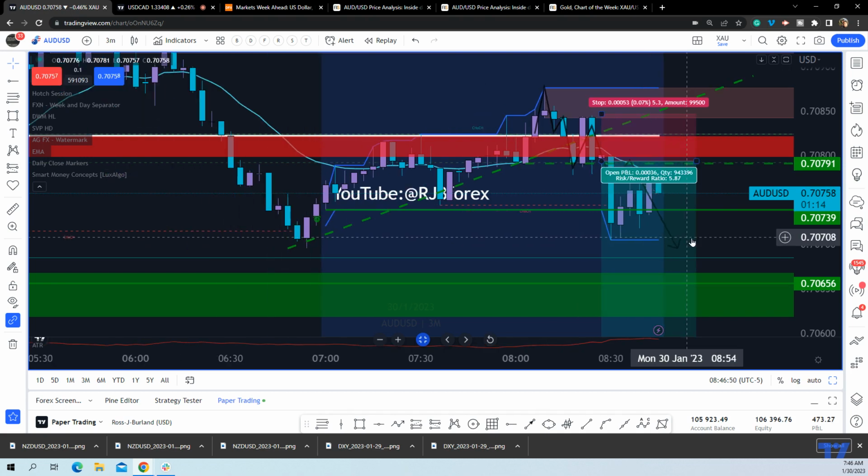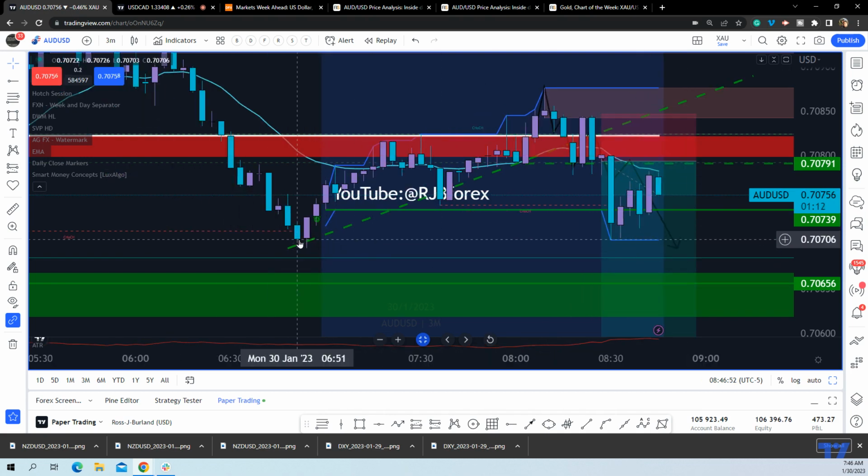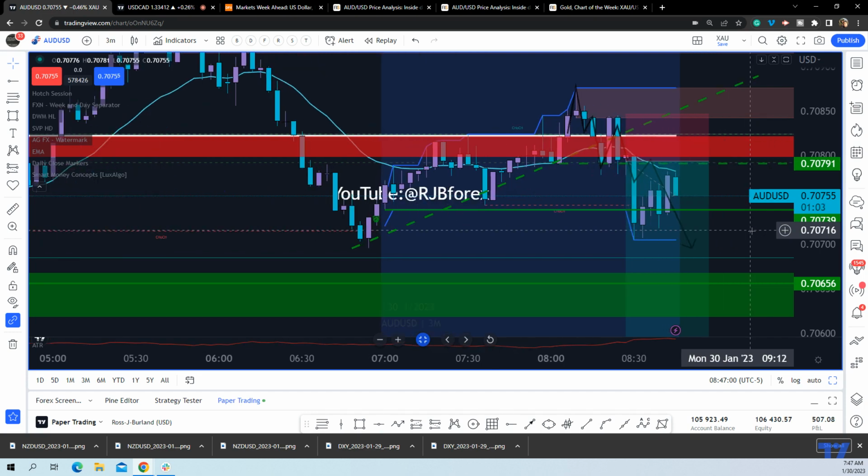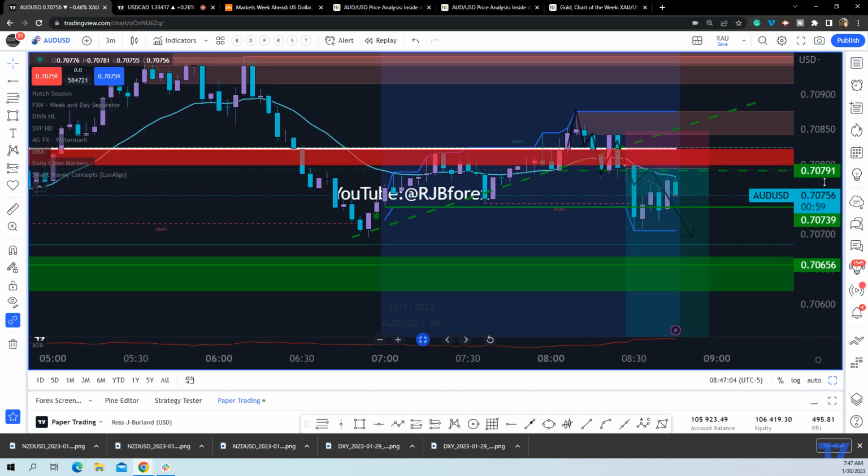But considering we haven't broken this structure here, it could be a bit of a consolidative scenario into the cash open for the volume to kick in and really take this lower.